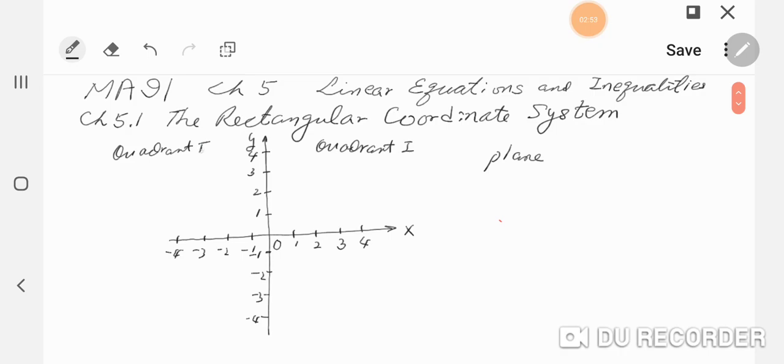The lower left part is quadrant 3, sorry, quadrant 3. And finally, the last part is quadrant 4.